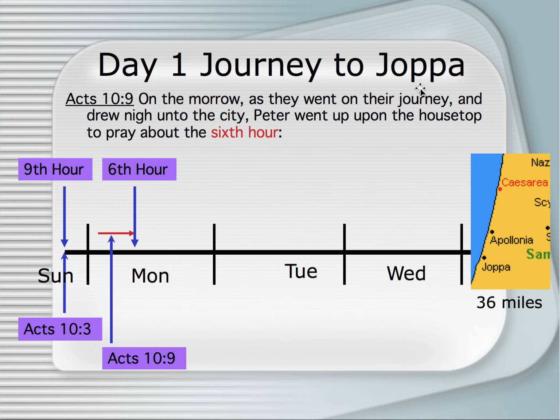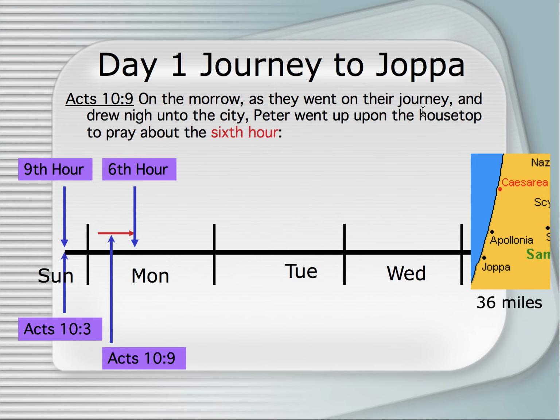So on the morrow, they went on their journey and drew nigh unto the city. Peter went up on the housetop to pray the 6th hour. So it happens that they walk most of the night, and well, maybe they rested a bit at night, but walked and arrived at noon at Peter's house.